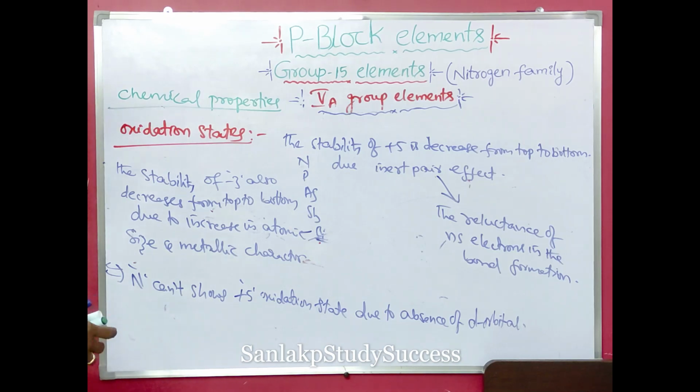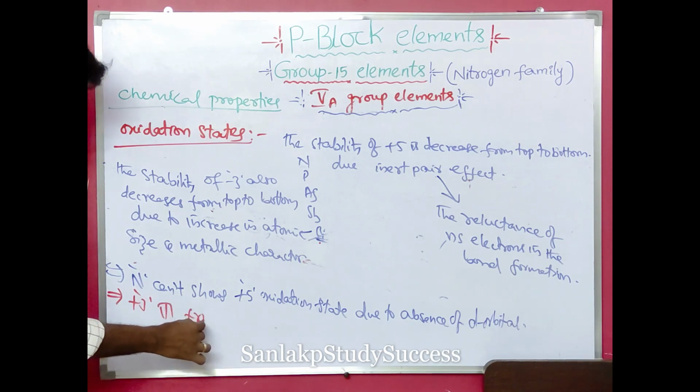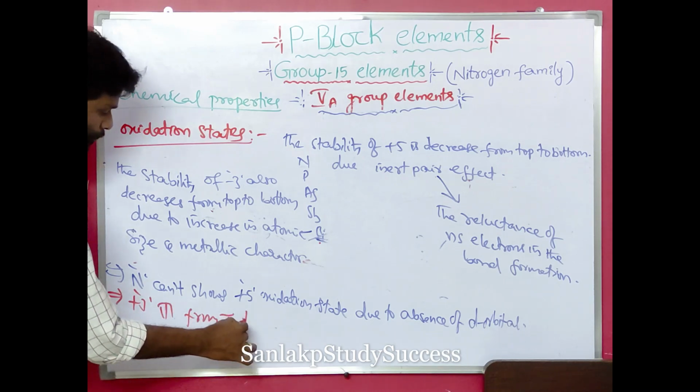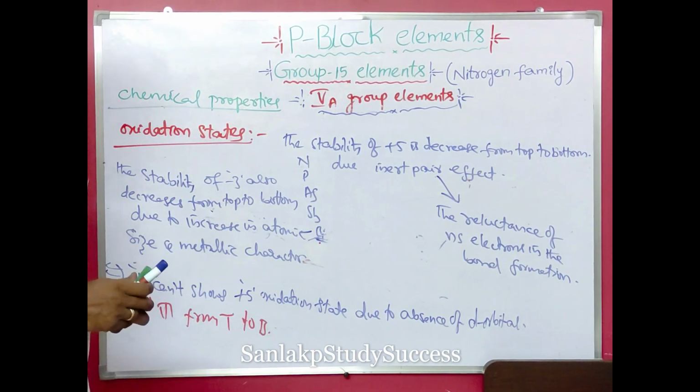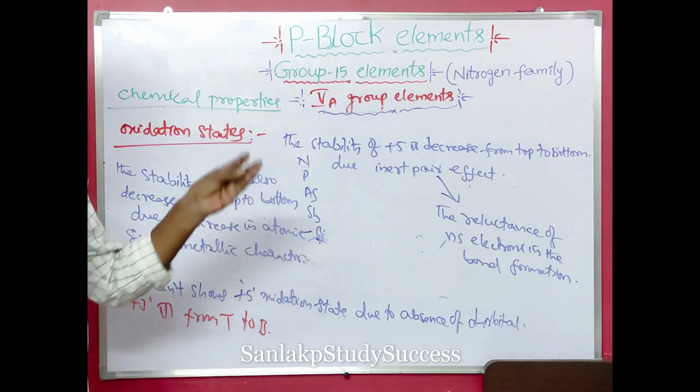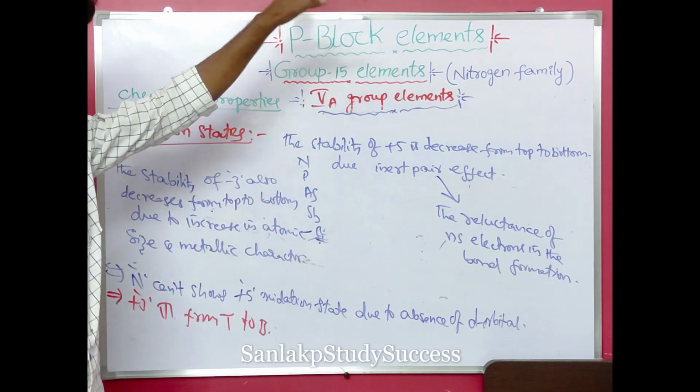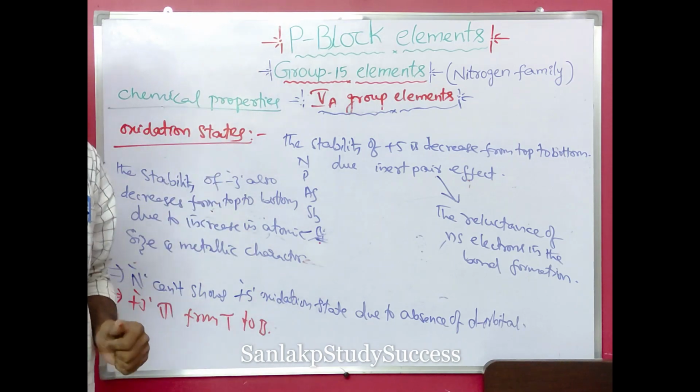And now, the stability of plus 3 increases from top to bottom. All elements can show a plus 3 oxidation state in this group. That means the stability of plus 3 increases from top to bottom.